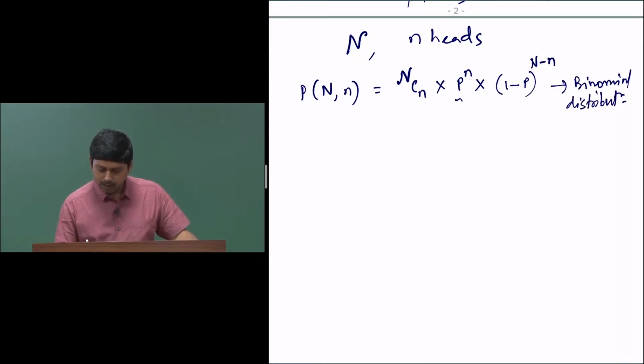For example, if we toss a coin, you can ask the question: in N coin tosses, what is the probability that all of them will be head? That will typically be half to the power N. However, here we are asking a slightly different question. Let us say 4 coin tosses: what is the probability of 2 being head and 2 being tail?